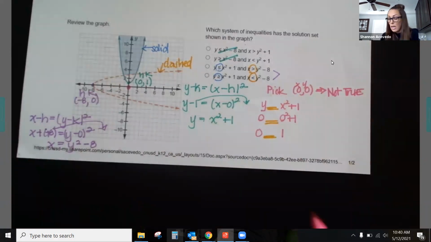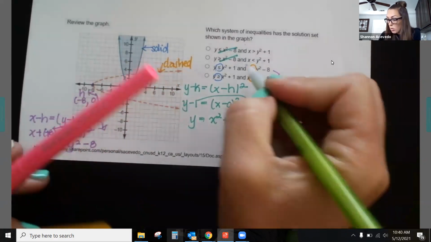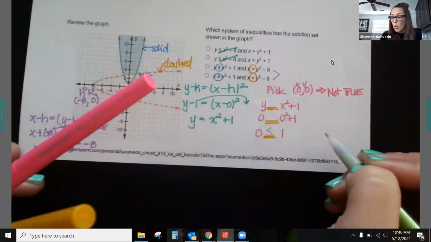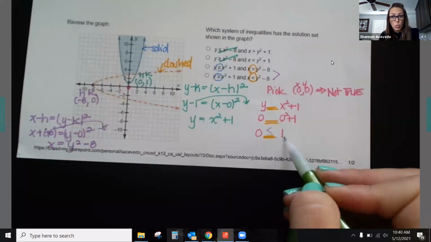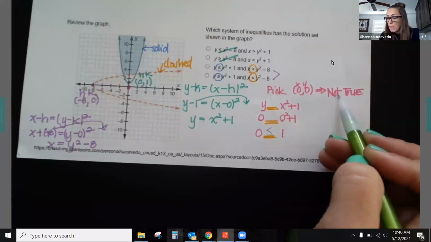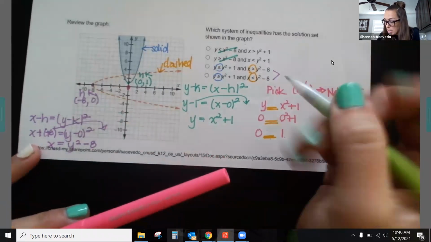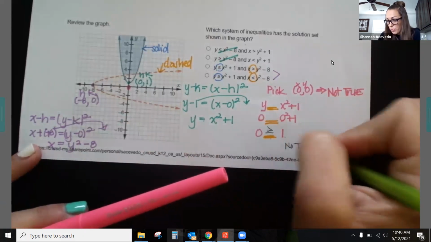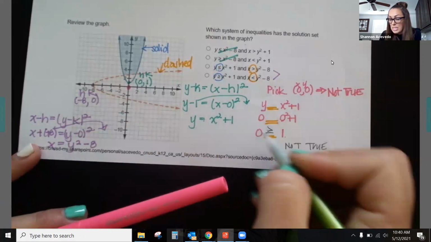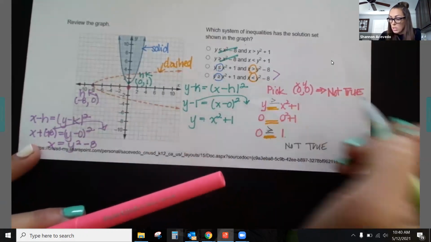Okay, so I have two options. 0 can be less than or equal to 1, or it could be greater than or equal to 1. So 0 is less than or equal to 1 is true, but we want it to be not true because it's not shaded in. So that means I would need to have 0 is greater than or equal to 1. I need it to be not true because it's not shaded. So for this case, I would want it to be greater than or equal to, and I'm going to pick this one right here.